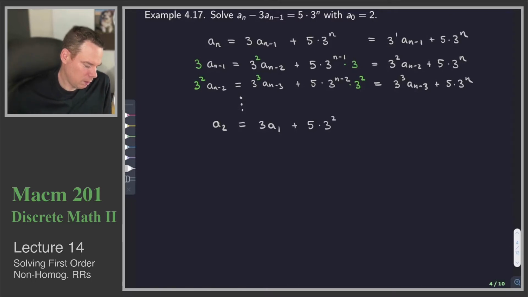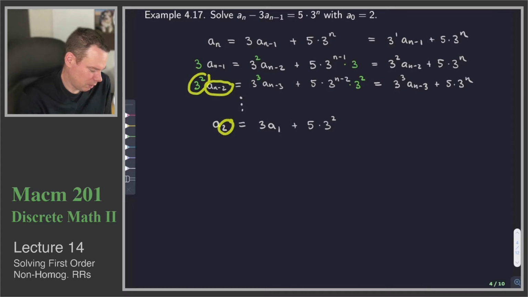And then I have to think, what did I want in front? Well, I just follow the pattern. What's going to be sitting in front of the next term? Well, I look at these two and say, for a_{n-2} I get a 3 squared. So I need an n minus something to give me a 2.